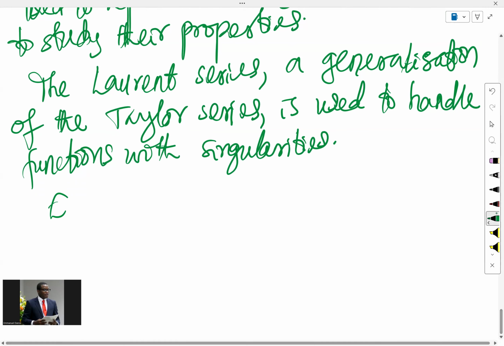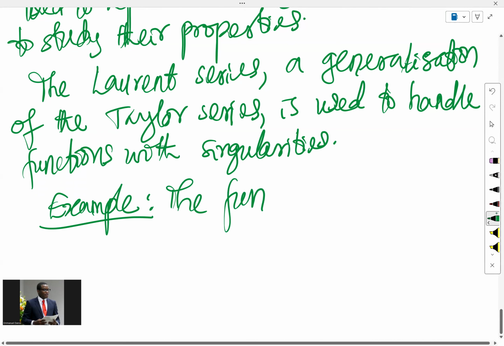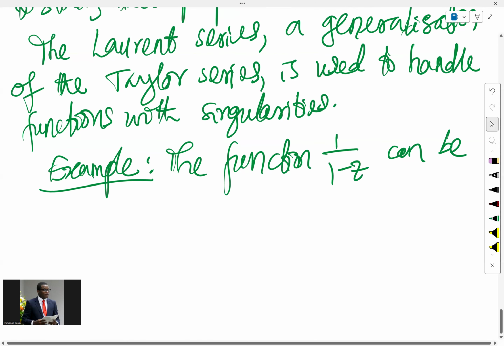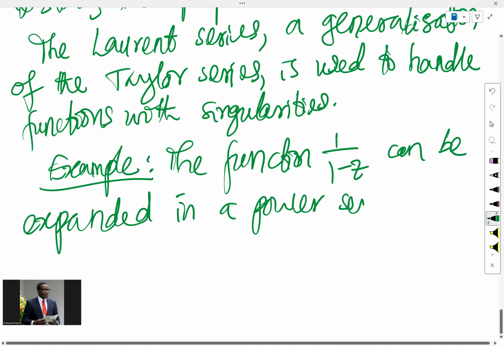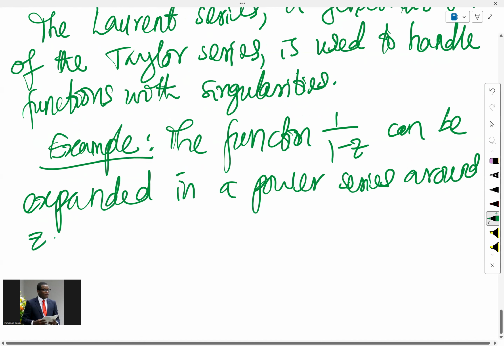So for example, the function 1 over 1 minus z can be expanded in a power series around z equals 0, because you know that function is not defined at 1.